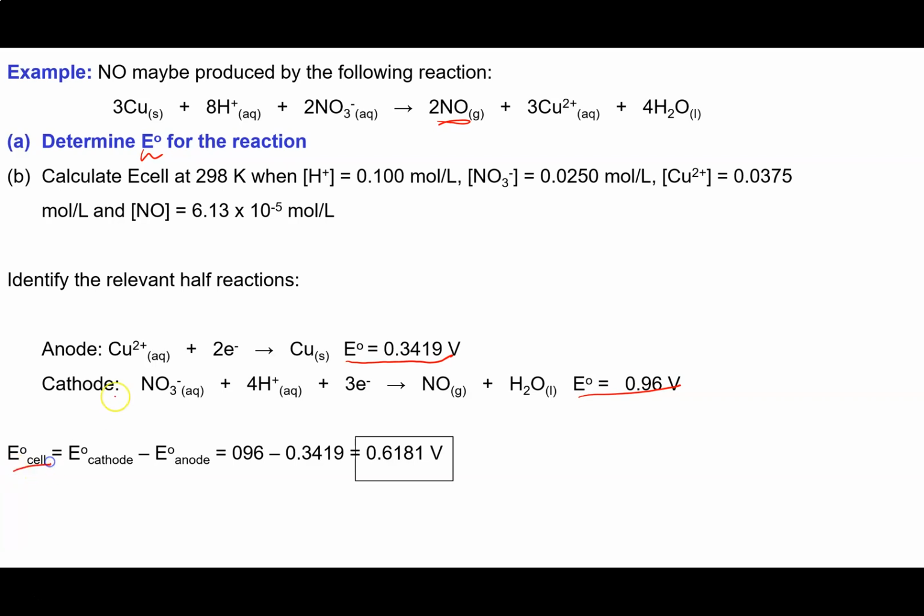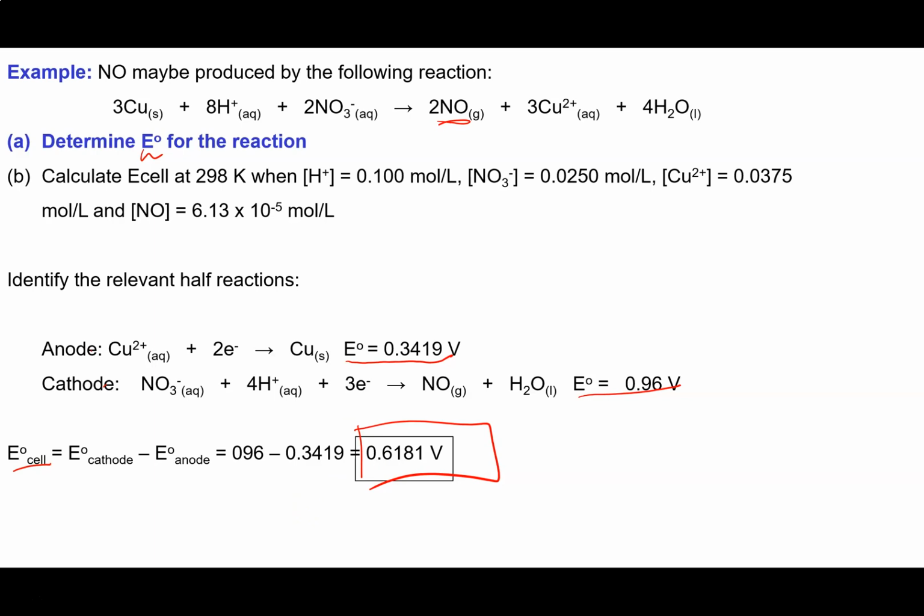So to get the cell potential, cathode minus anode, we don't have to reverse the direction of anything, remember that, or flip the signs or anything like that. It's just straight up standard reduction potential of the cathode minus the standard reduction potential of the anode. So 0.96 minus 0.3419 gives me an E naught of 0.6181.